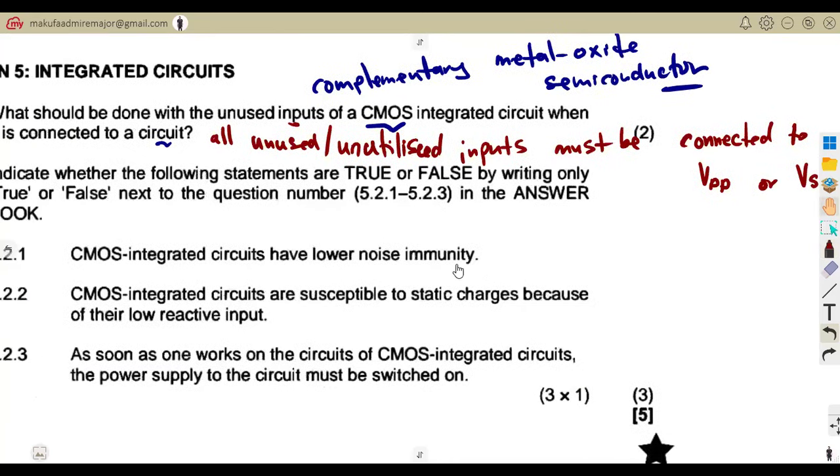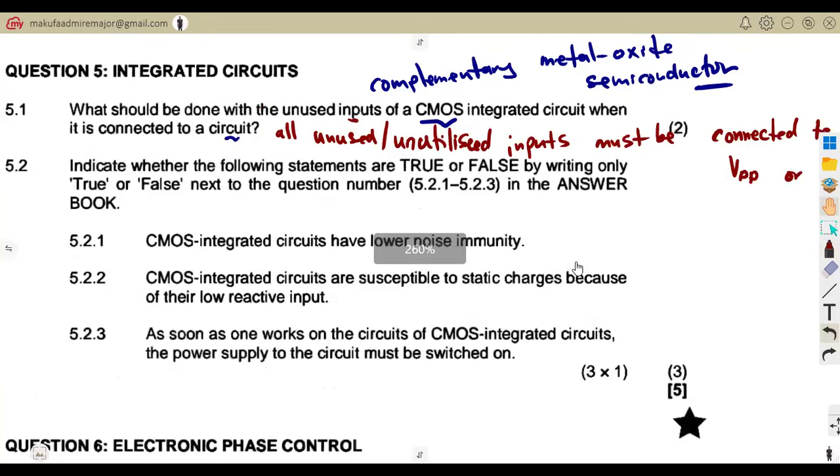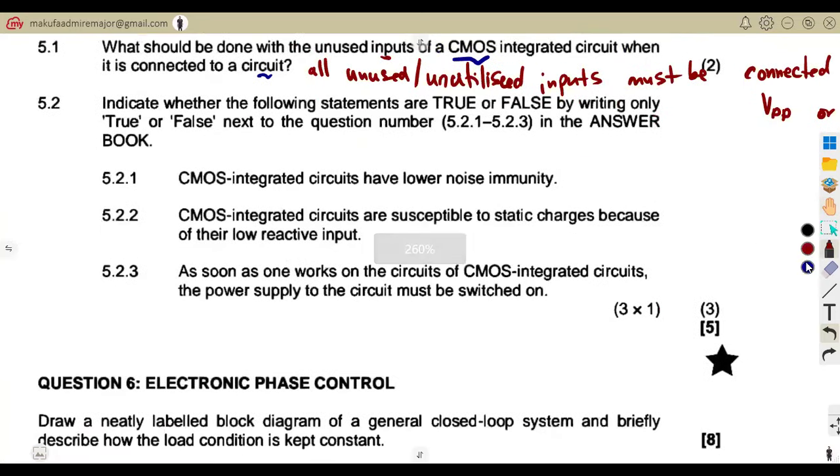That is the major part of your CMOS. So just make sure that you go through this in your revisions, your theory.